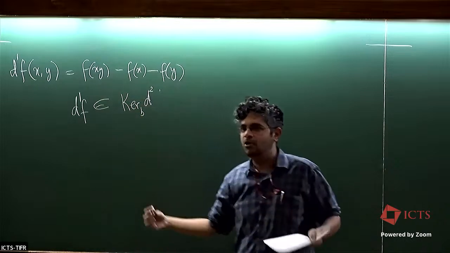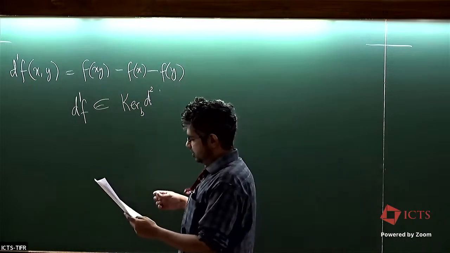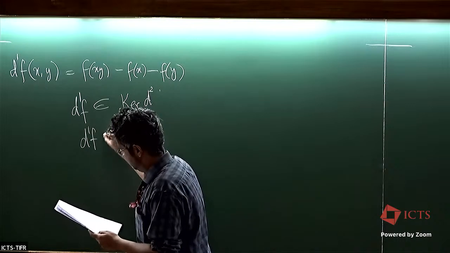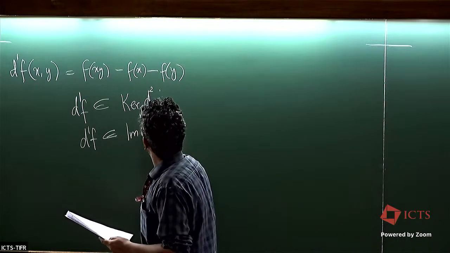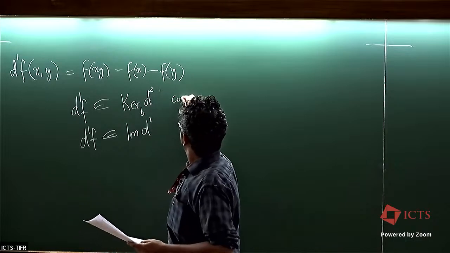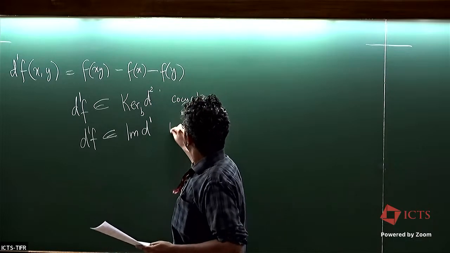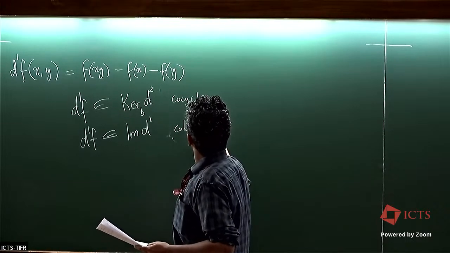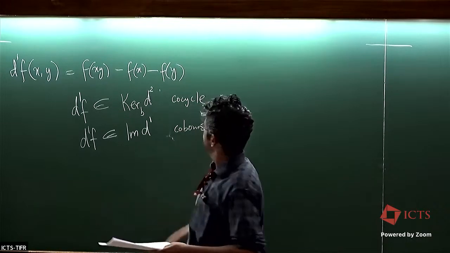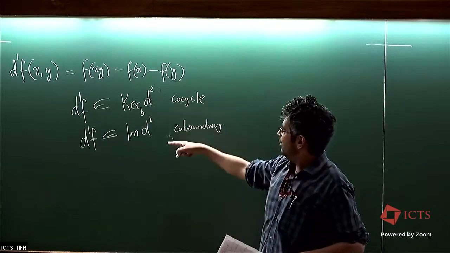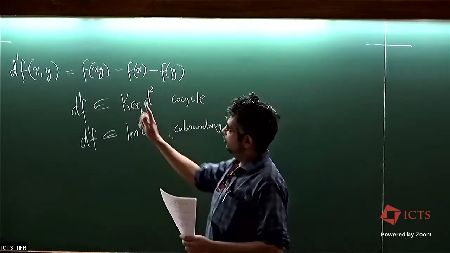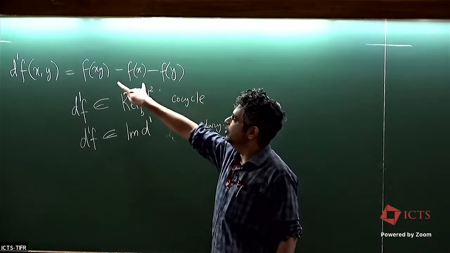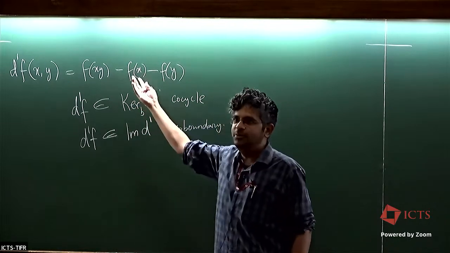So it's a bounded function. d1 of f is a bounded function, and just a sec, I'll write this and then I'll explain. So what have I written here? d1 of f is a bounded function, which is also a cocycle, because if you take d2 of this it is going to be 0.